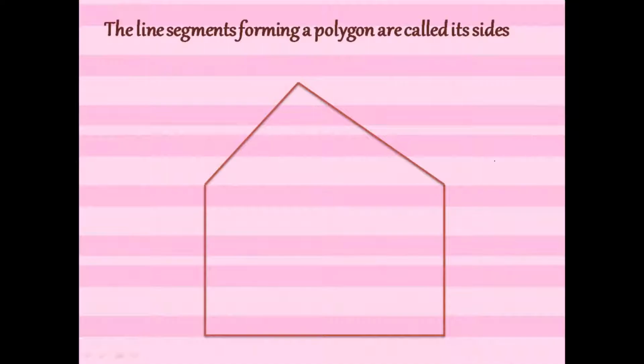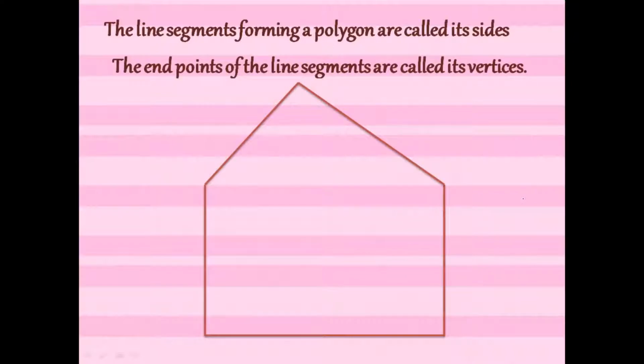These straight line segments are called the sides of the polygon. Then what about the vertices? The endpoints of the line segments. We made this polygon using 5 line segments, right? The endpoints of the line segments are called vertices.